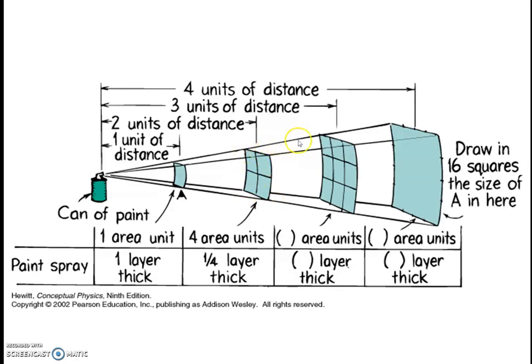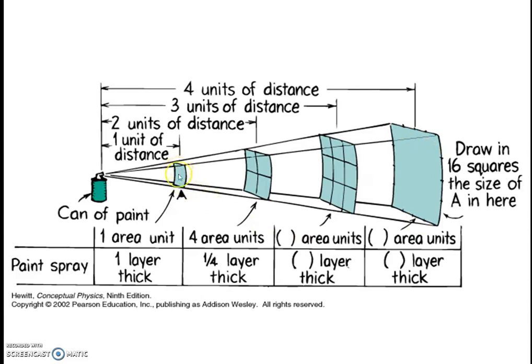If you put the surface that you were spraying 3 times as far away as our original surface here, you would see that it covers not 3 times the area, but 9 times the area. And if you put it 4 times as far away, it would cover 16 times the area. Okay? So the point is, the brightness would be similar to how thick the paint is on each of these surfaces.